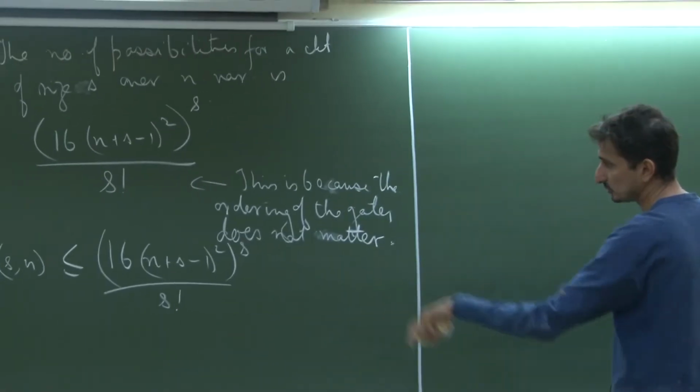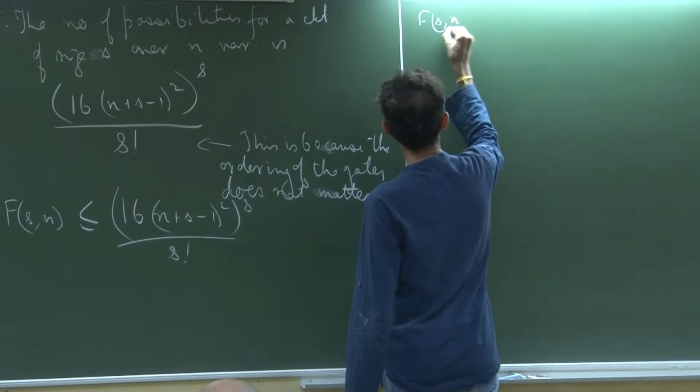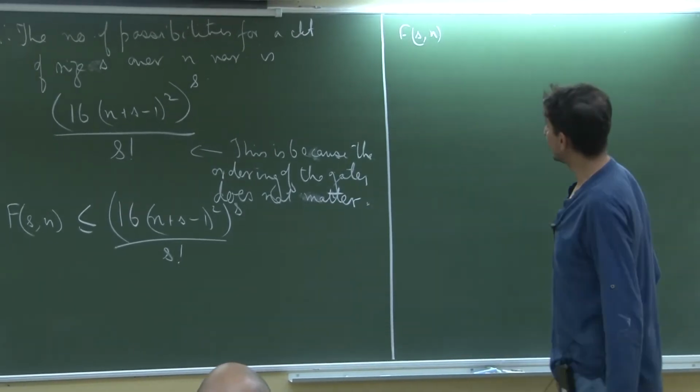Okay. So, now let us try to simplify this quantity. First I will use Stirling's approximation for s factorial.